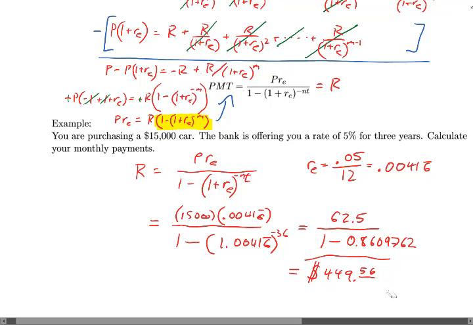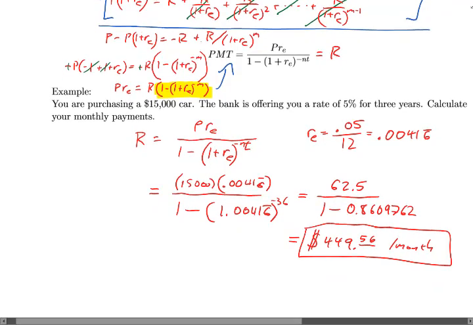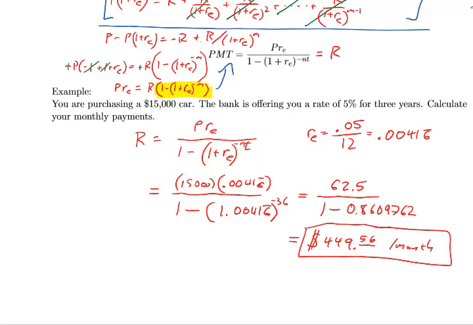And that's it. So that's per month. So you'll be paying about $450 every month for the next 3 years of your life if you purchase this car. And so that's kind of just the cost of getting the car beforehand will be the interest.